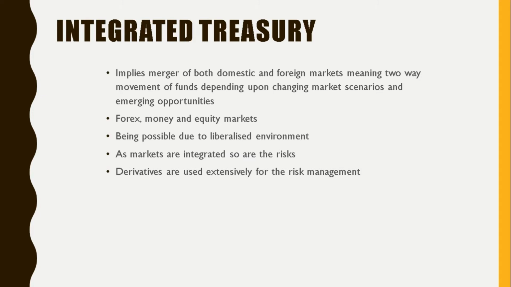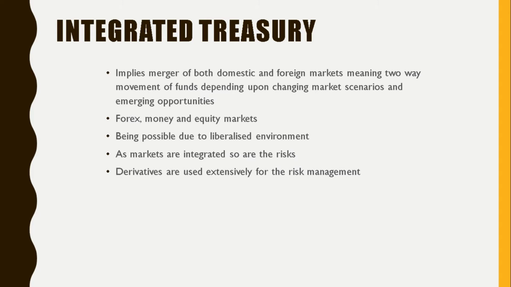Now, if you talk about integrated treasury, what is integrated treasury? It means merger of both domestic and foreign markets, meaning two-way movement of funds depending upon the changing market scenarios and emerging opportunities. We all know that we live in a globalized world wherein the world is a village. This means that if you want to do a business, it is possible not only in India but any part of the world.